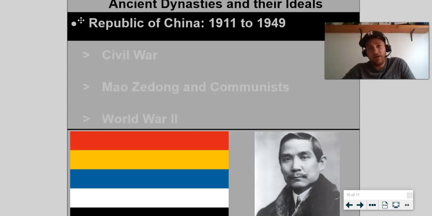And a lot of talk about foreign influence again, outside influence, as we think about wrapping up the dynasties and the Republic of China. China has been historically one of the strongest, most advanced civilizations that history has ever seen. For most of world history, they're honestly probably the most advanced civilization in the world.